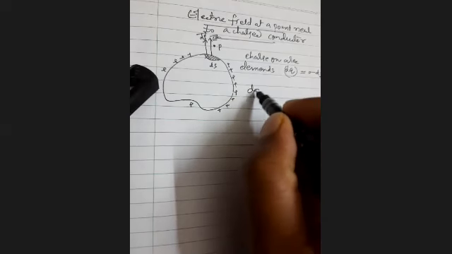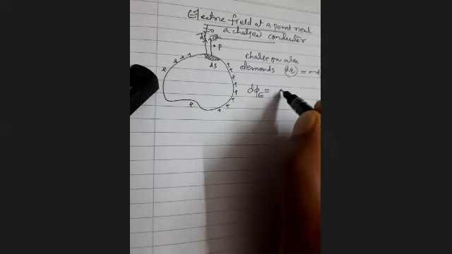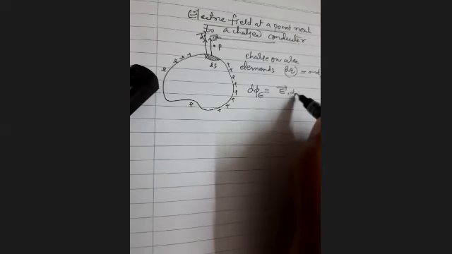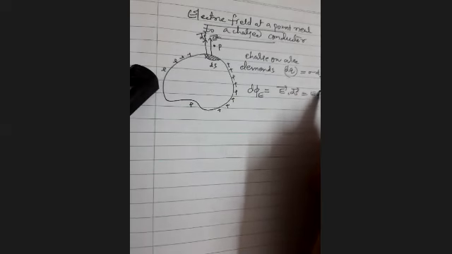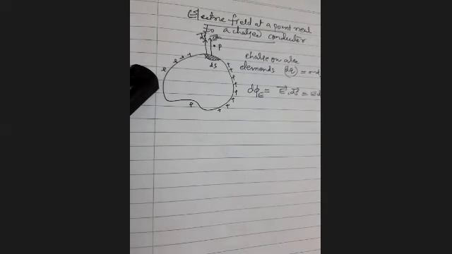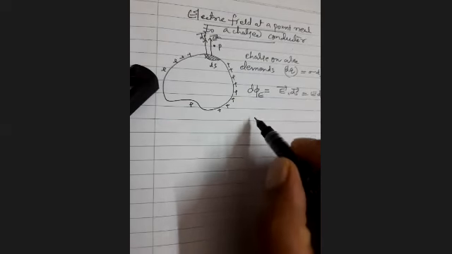Therefore, the flux through that area element ds is given by E bar dot ds bar, that is equal to E ds.